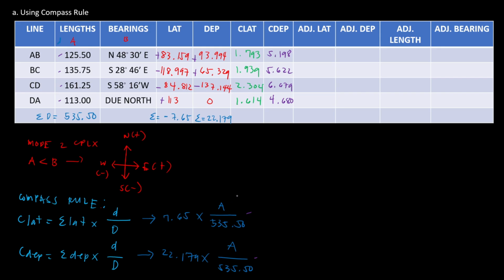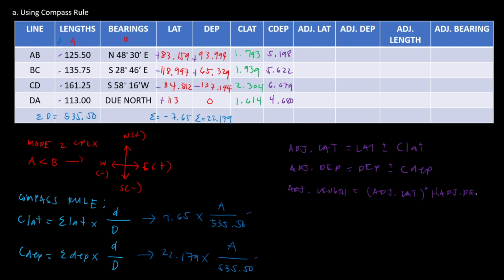Next is the adjusted latitude. The formula is latitude plus or minus CLAT. For adjusted departure, departure plus or minus CDEP. The adjusted length is the square root of adjusted latitude squared plus adjusted departure squared.